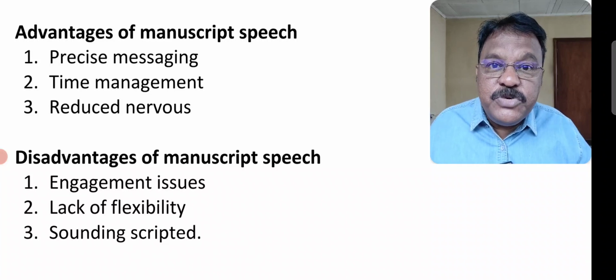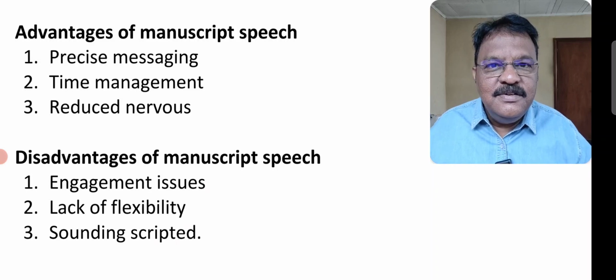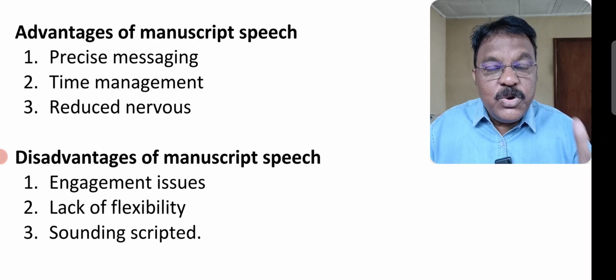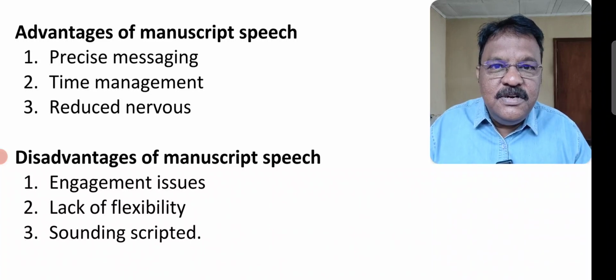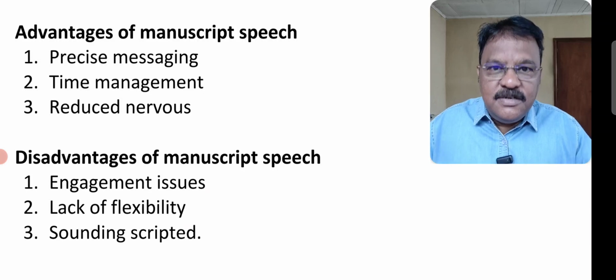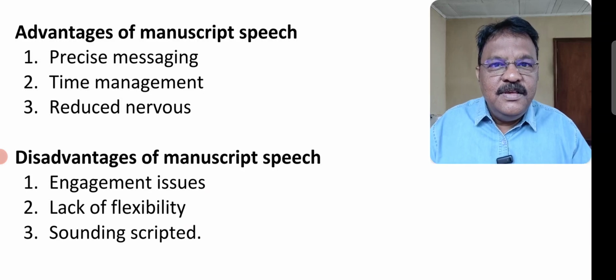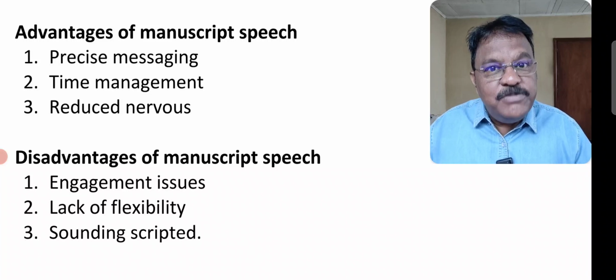Whereas in impromptu speech, you will freely speak because you're going to speak on the spot. The topic will be given on the spot, or you may be asked to speak on the spot. And whatever you think about that topic, you will be freely talking. You will be flexible there.